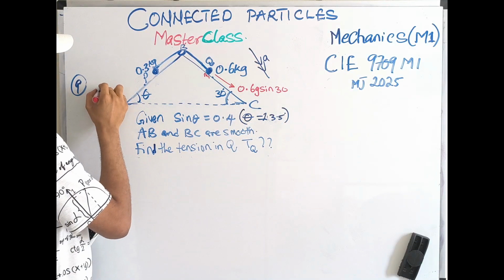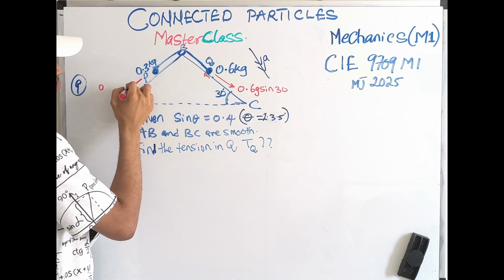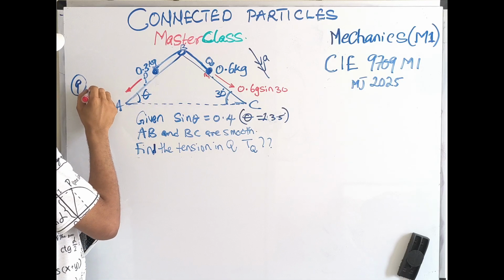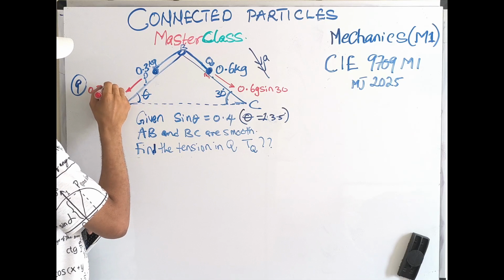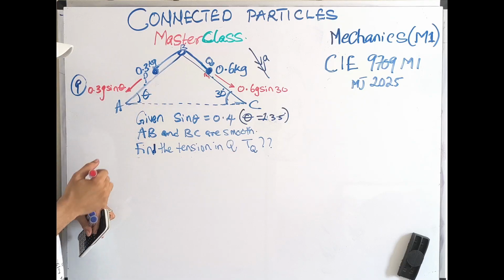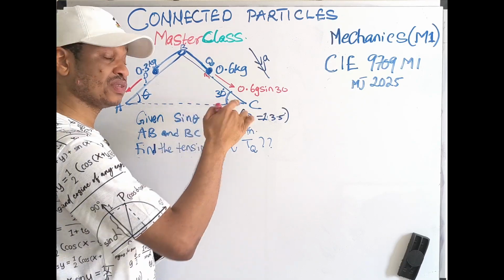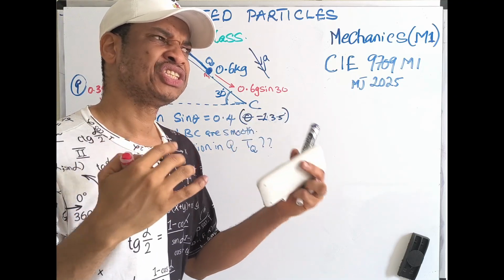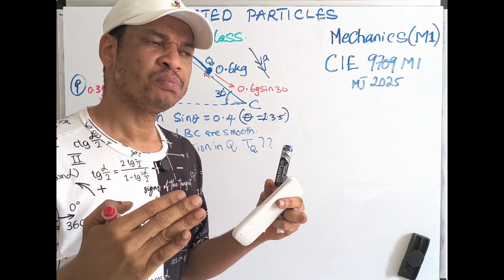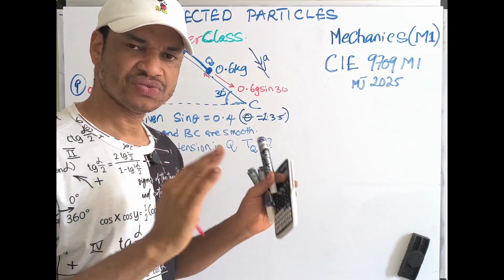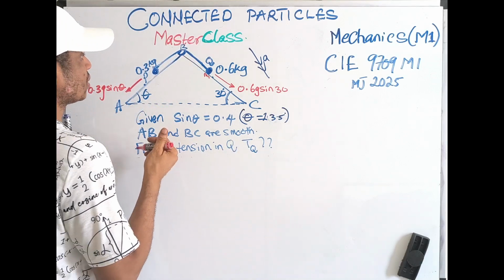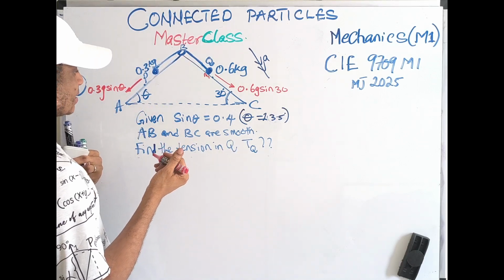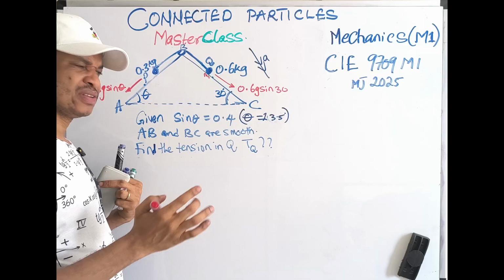This is 0.3 g sine theta. Sine theta is 0.4. No need to take sine inverse, just put 0.4 there. So that's where some of you move away from the marking scheme. Use the exact value given. Okay, and there's no friction. It's a 5-mark question.